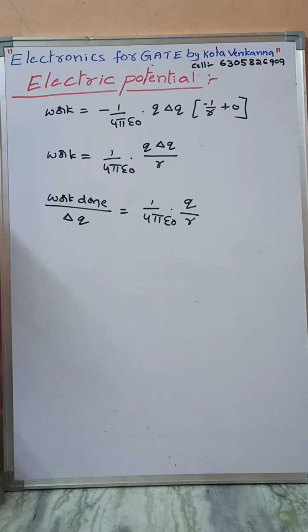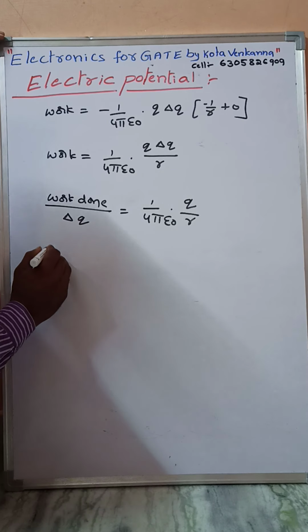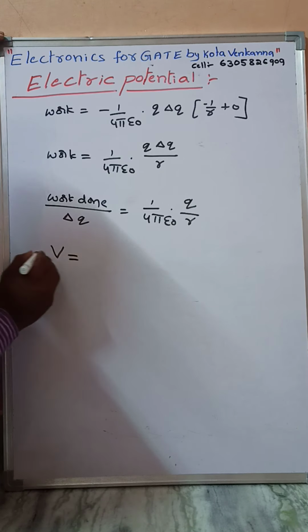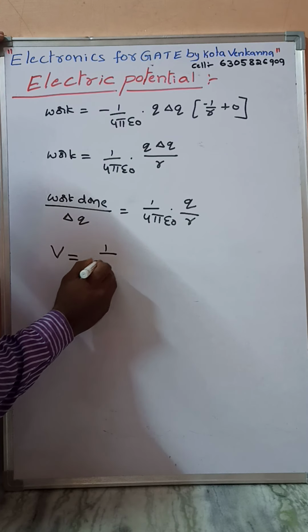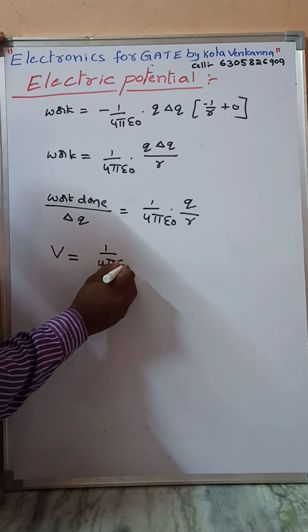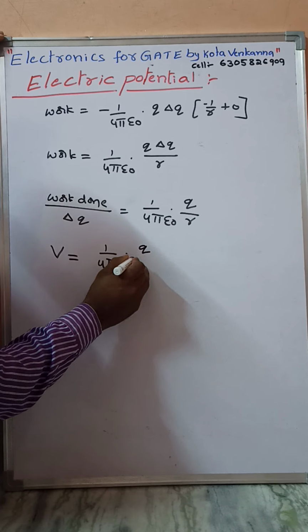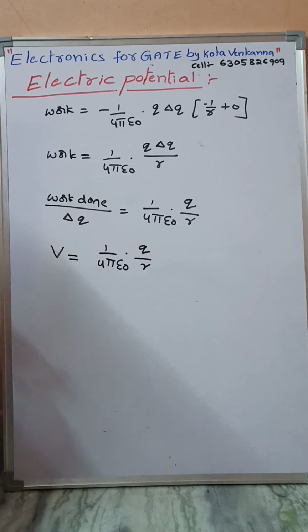Work done per unit charge is known as potential, indicated with V. Therefore V is equal to 1 by 4 pi epsilon naught Q by R. So this is the potential equation.